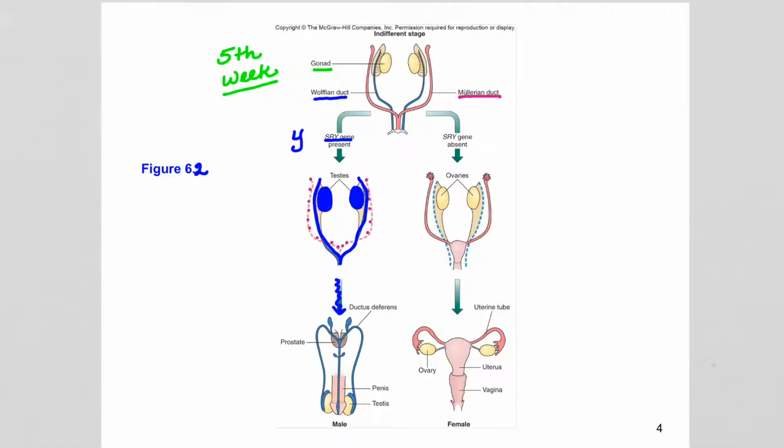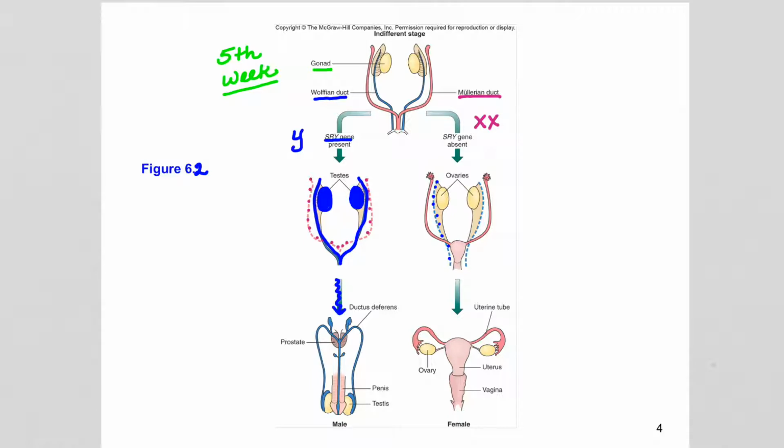If there simply is no SRY gene present, so that means we don't have a Y chromosome, we've got copies of our X chromosomes, the hormones associated with this transformation just aren't going to be produced. And if they're not produced, we can no longer see the development of that Wolffian duct.